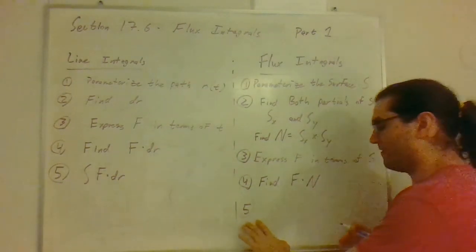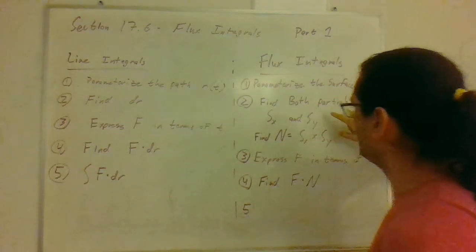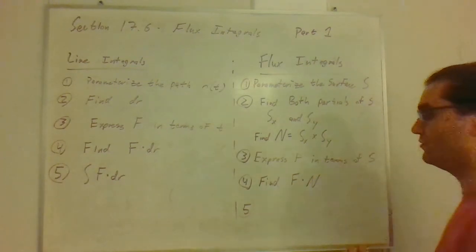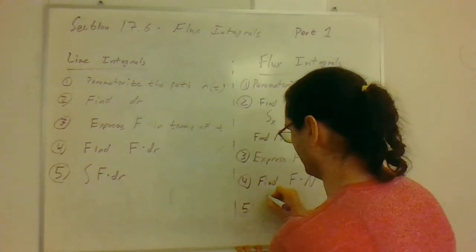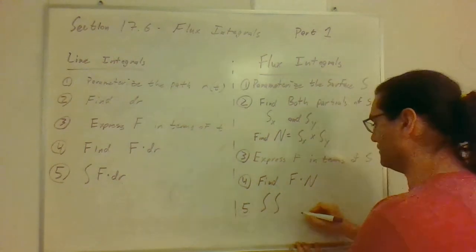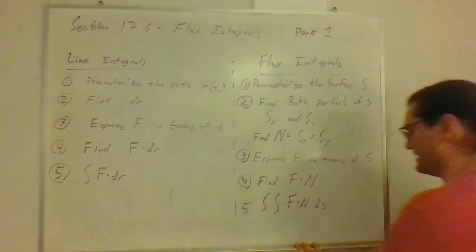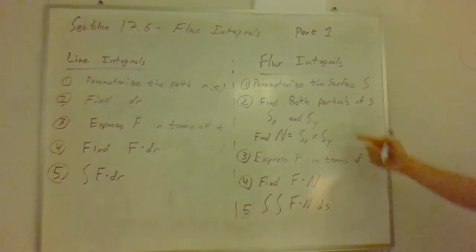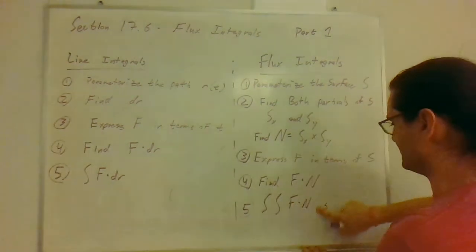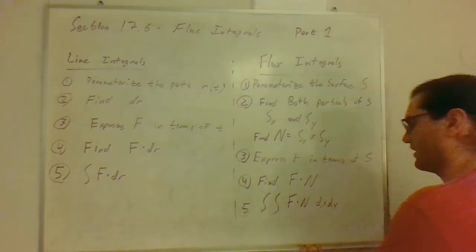When we get to step 5, we again run into this problem where we have two variables. So here we have to do two integrals. We have to do the double integral of f dot n. This is usually written as dS, but again, if you're using x's and y's here, this dS will be a dx dy.